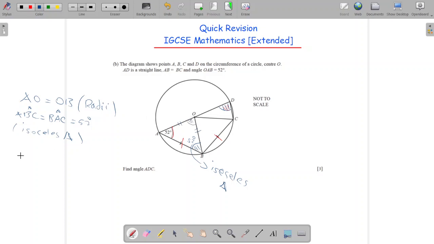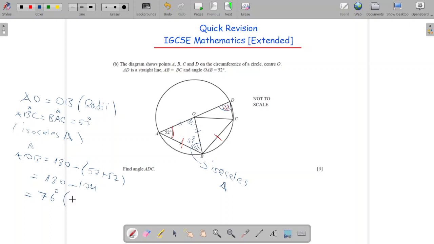The angle AOB is going to be equal to 180 minus 52 plus 52, which is 180 minus 104, which is 76 degrees.